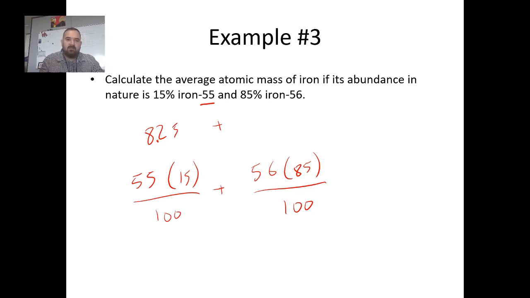That should have gave you 47.6. We add these together, and that should have gave you 55.85 AMU, and this is for Fe, which is iron. Is this what we all got? All right, let's move on to the next one.